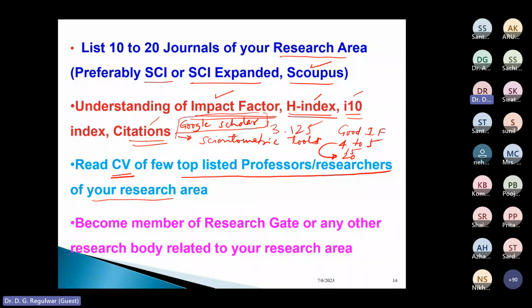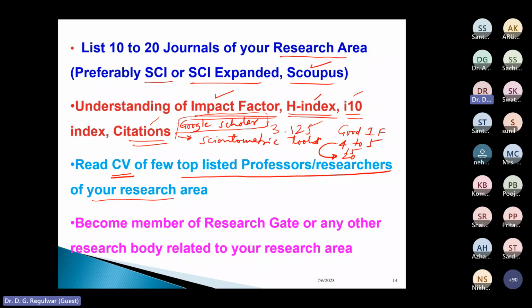When you have decided, then you can decide what the objectives of my research should be. So you can know the current status of research when you read the published papers of the top researchers.